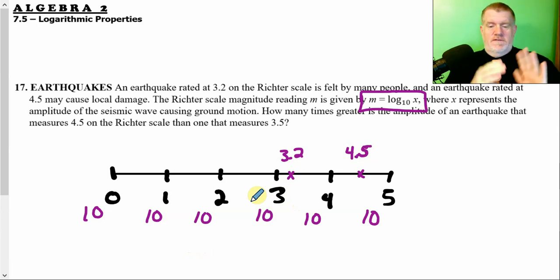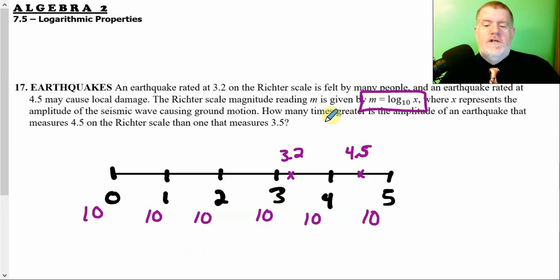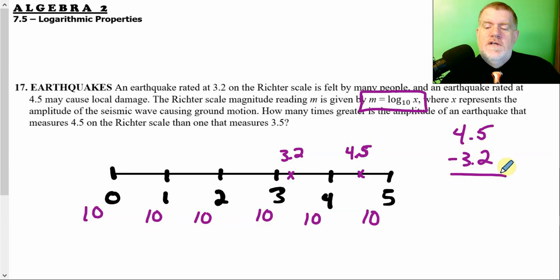We'll just keep getting larger and larger. But here's the answer to the question. We take 4.5, we subtract 3.2, what do we get? We get 1.3. So you think, oh, is it 1.3 times larger? No. It's 10 to the 1.3.